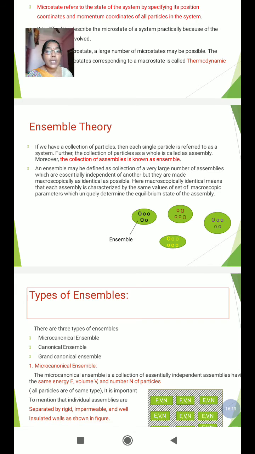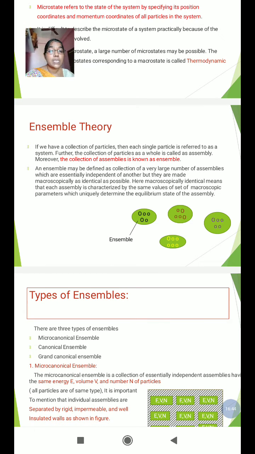But by using this ensemble concept, in the first ensemble we have 5 systems, and these 5 systems have the same macroscopic properties, meaning they are macroscopically identical: the same pressure, same energy, same entropy. In the second ensemble also, the 5 systems have the same macroscopic nature, and the remaining 5 systems as well.